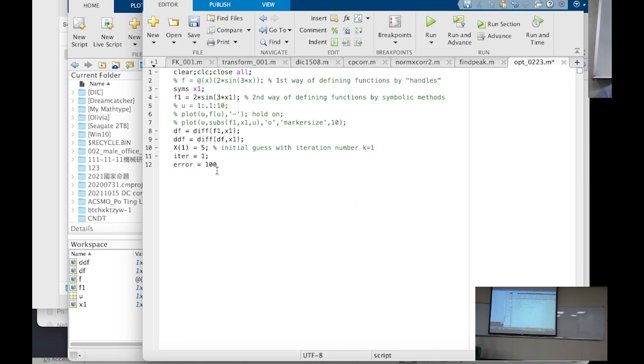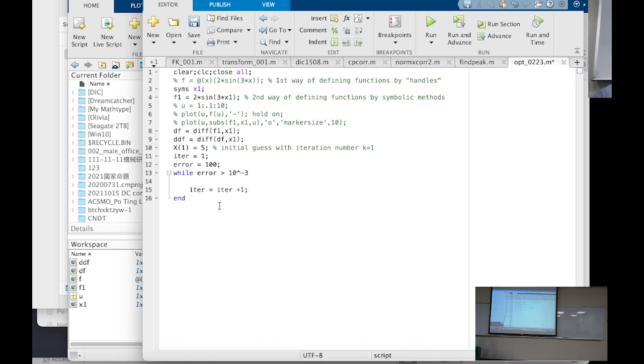Let me give a large number, 100. While error is larger than 10 to the power of negative 3, we need to iterate. And at the end of iteration, my iteration number increases by 1.